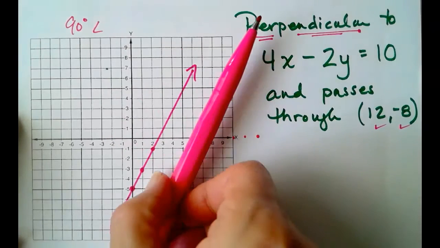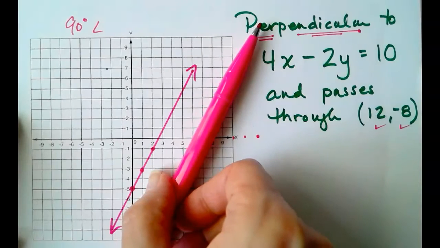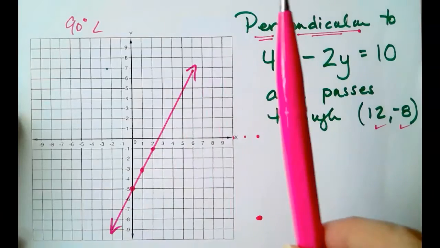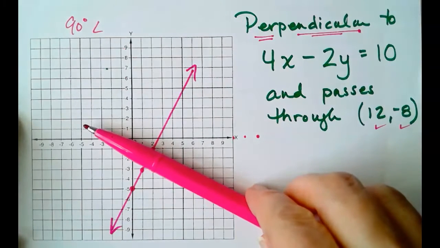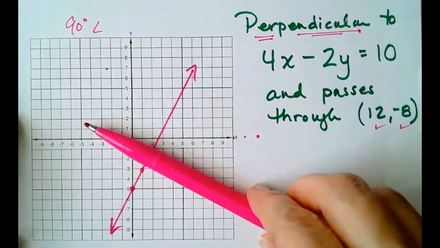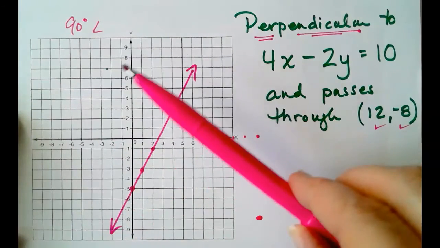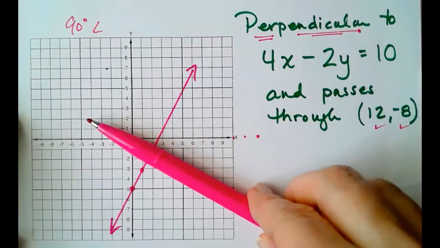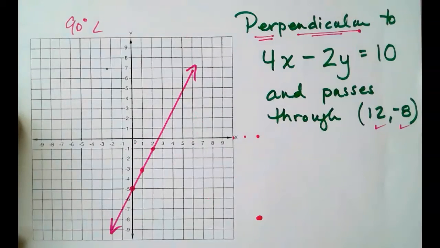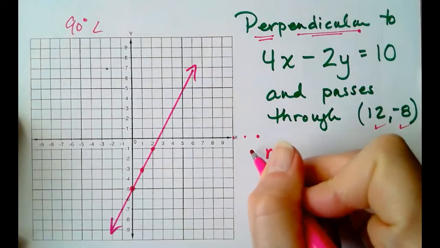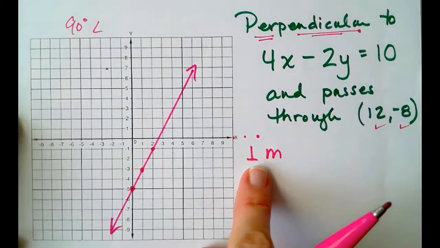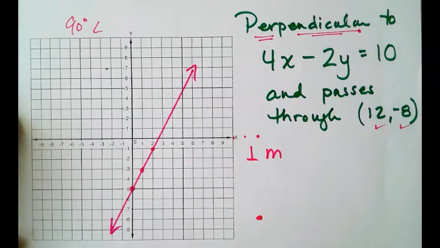Parallel lines rise and run at the same rate. Therefore, parallel lines have slopes that are equal. If that's true, then perpendicular lines must have slopes that are opposite, because this line has a positive slope, and reciprocal. So our perpendicular slope is going to be, the upside down T is the symbol for perpendicularity.